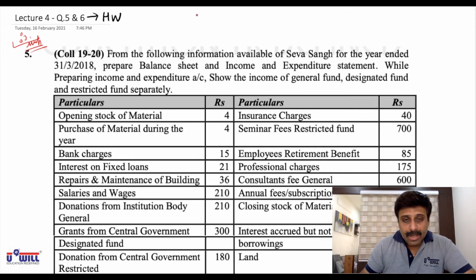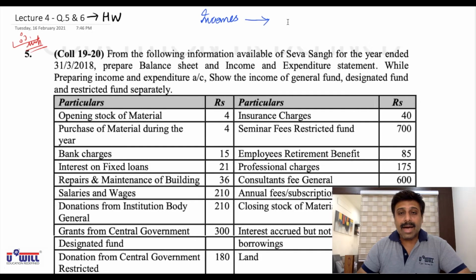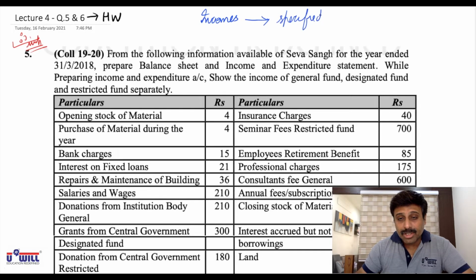When the incomes given to you in the question are specifically mentioned to be of general fund or designated fund or earmark funds.